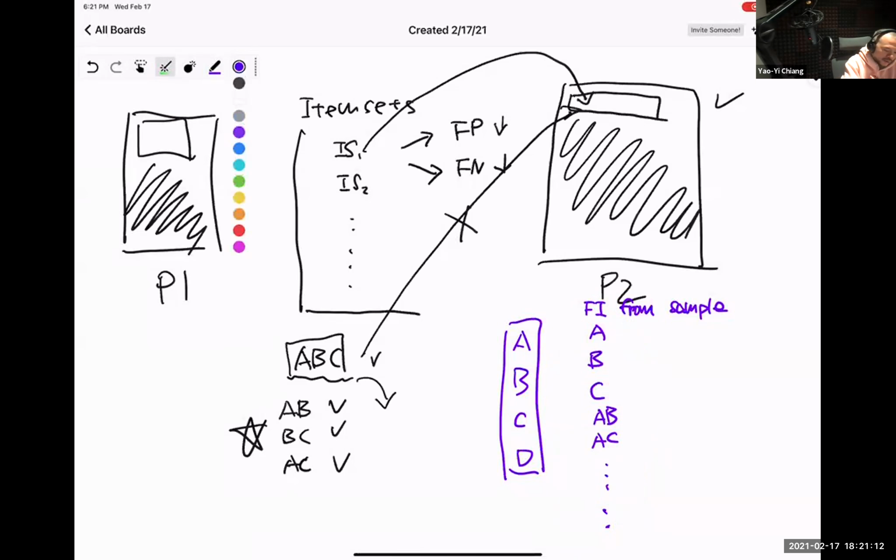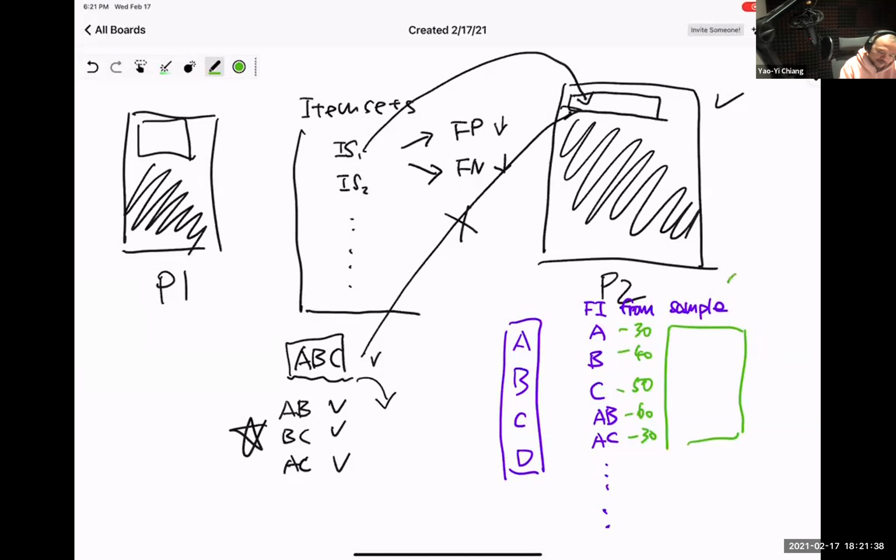So in order to remove false positives, which we all know, because in the second pass you're going to count exactly how many times they appear in the entire file. So let's say they appear 30 times, 40 times, 50 times, 60 times, 30 times. And let's say your support threshold is exactly 40.